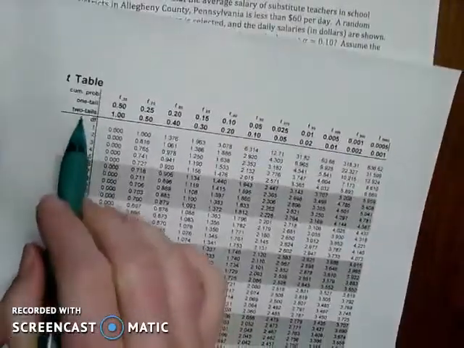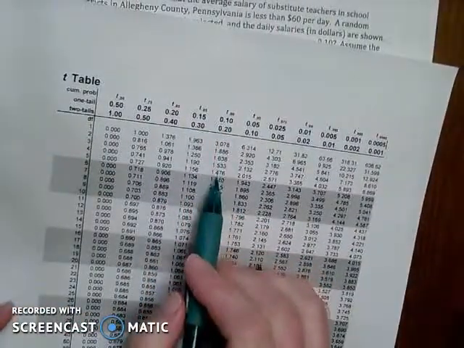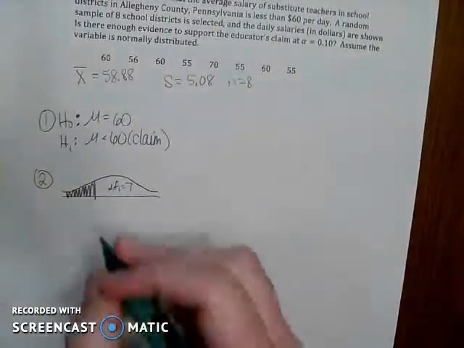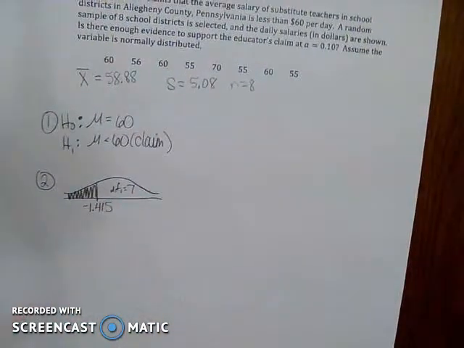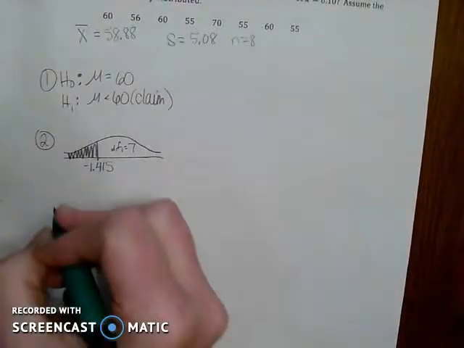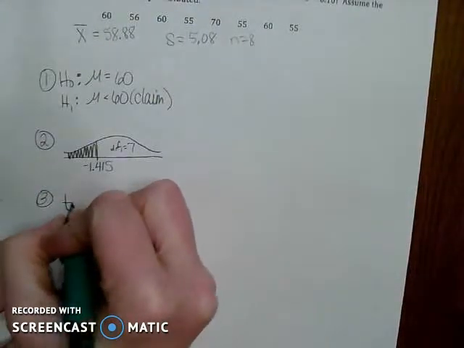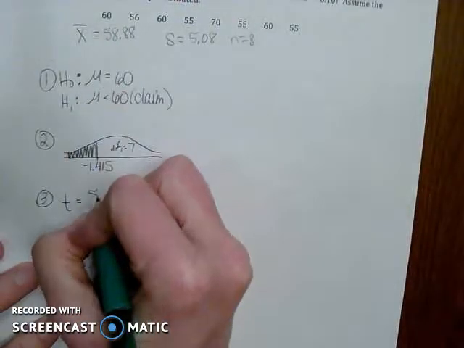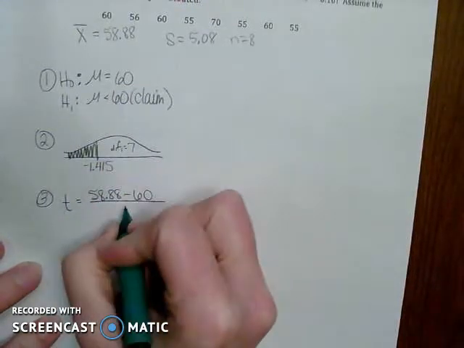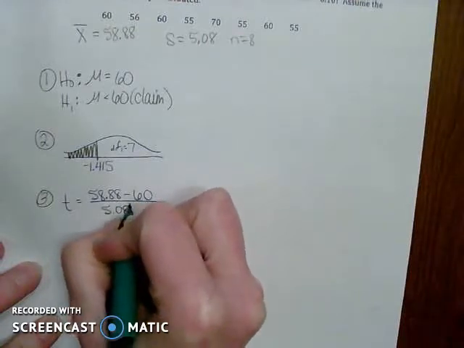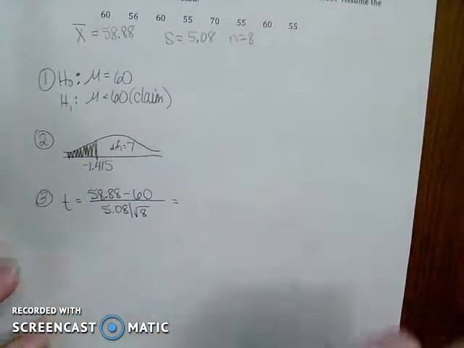So 1 tail, 0.1 down to 7, 1.415. But since we're over here, we need to put negative 1.415. Step 3, t equals x bar 58.88 minus 60 over 508 divided by the square root of 8.